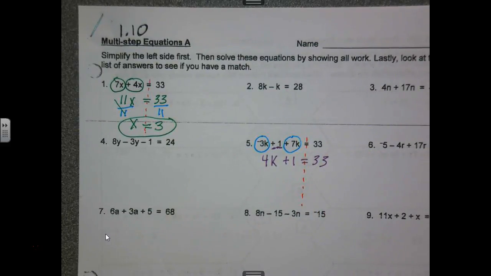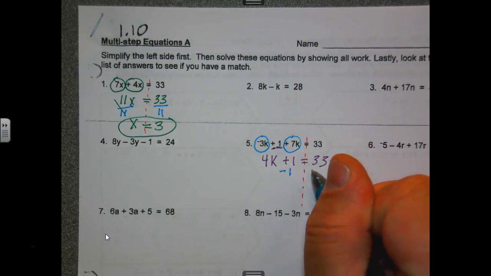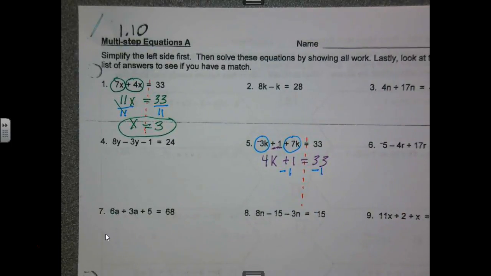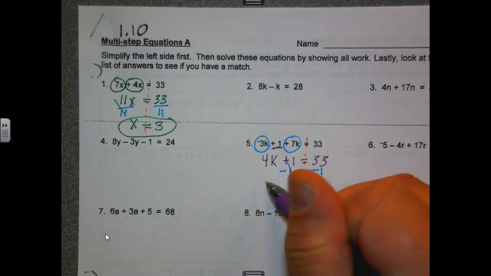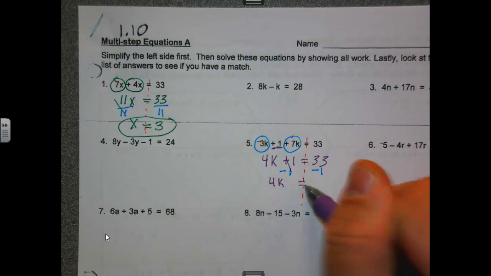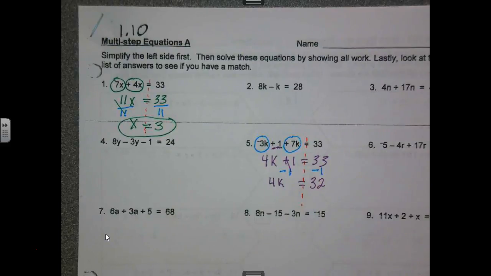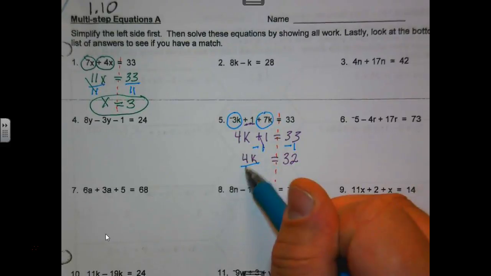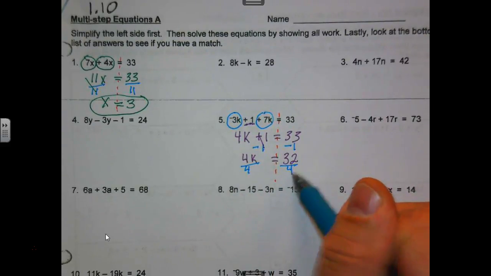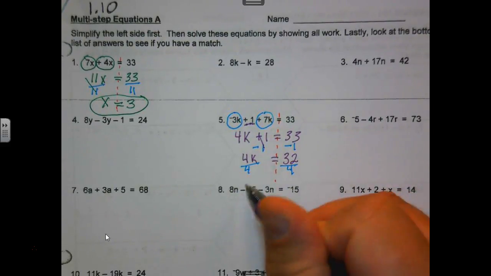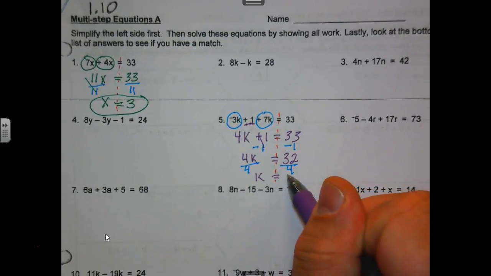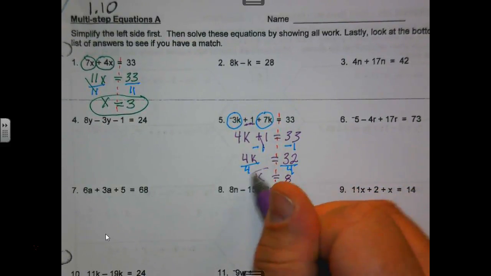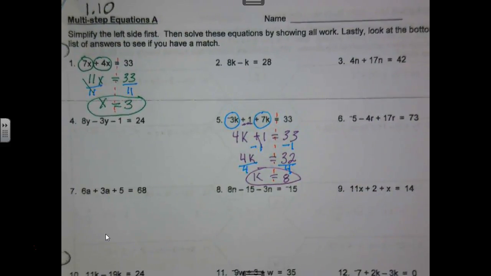I'm going to subtract 1 from both sides. These add up to 0. I get my 4k equals 32. Then I'm going to divide by the coefficient 4. And I get k equals 8. Good. I don't think they get much harder than that.